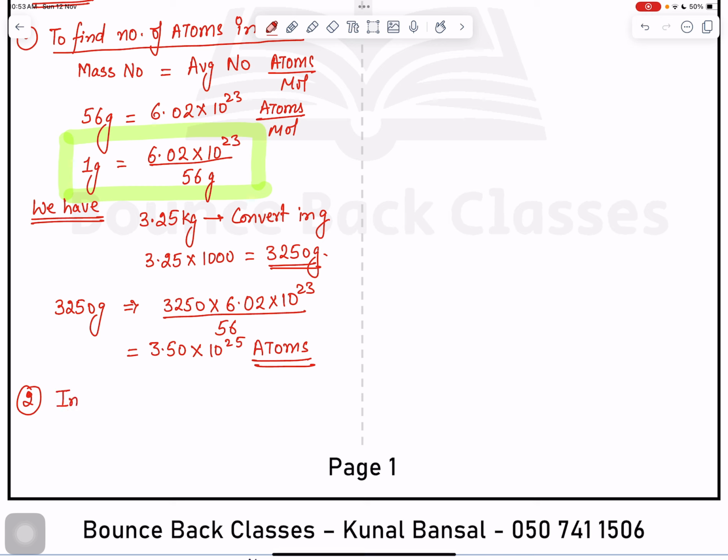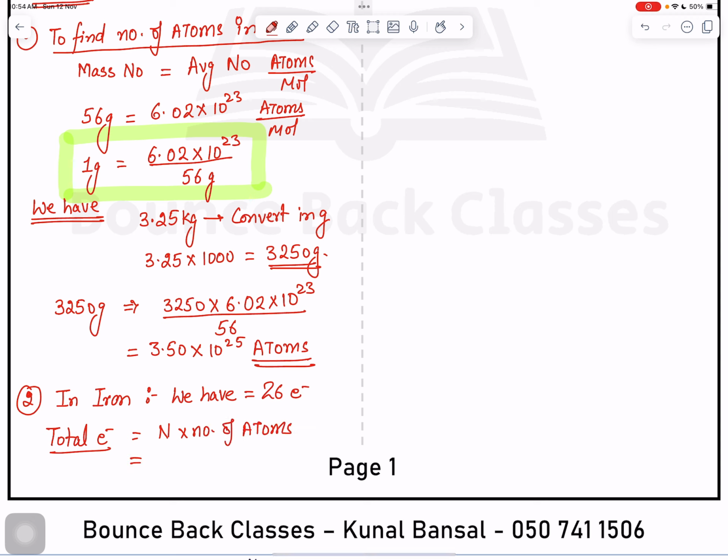In iron, I already told you, in piece of iron, how many electrons we have? We have 26 electrons. So total electrons, we have n times number of atoms.